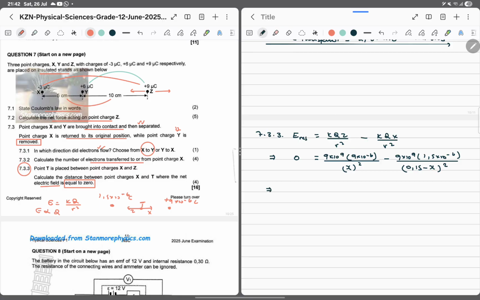Now we can see what's happening. Let's move it here.